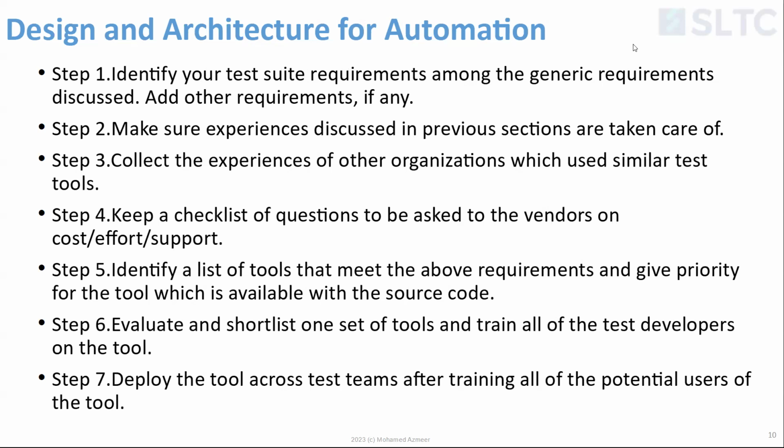And then our test suite, our test software has its own requirement. So we have to first identify both separately. And step two, make sure experiences discussed in previous sections are taken care of. So this is the learnings from the previous time. So you learn from the previous time and then you bring that lesson to this new test case.